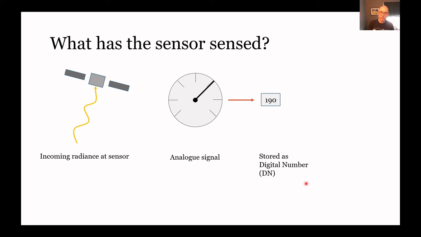So we have a sensor that is looking at this signal, and the strength of that signal, an analog signal, needs to then be converted into a digital number. We need to store it on a computer. So it gets converted to our digital number in some manner at the sensor.